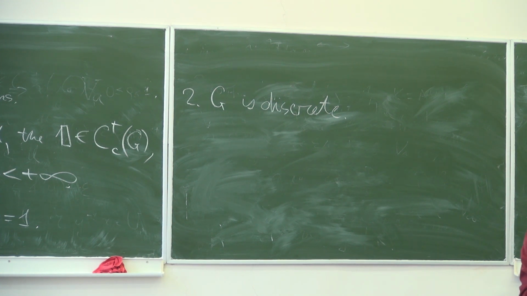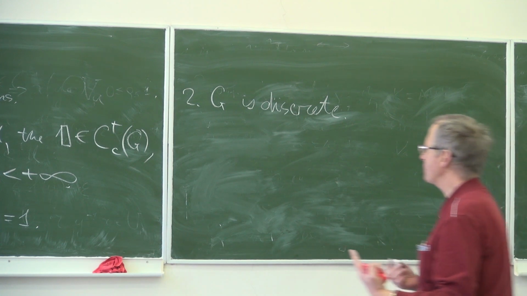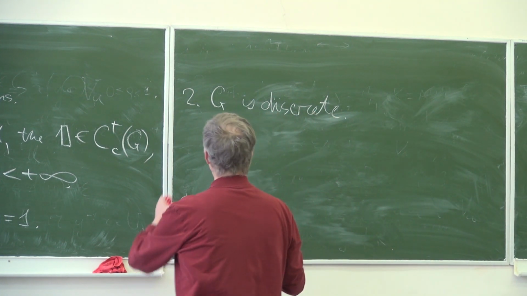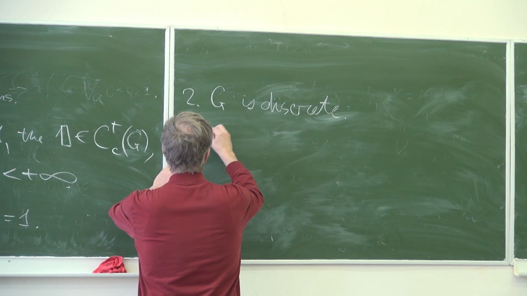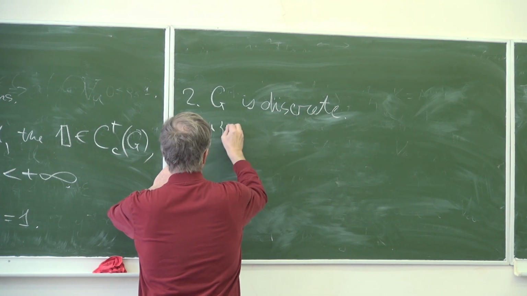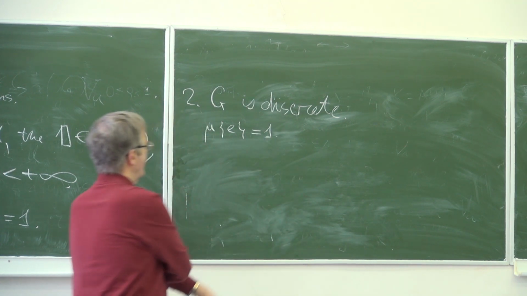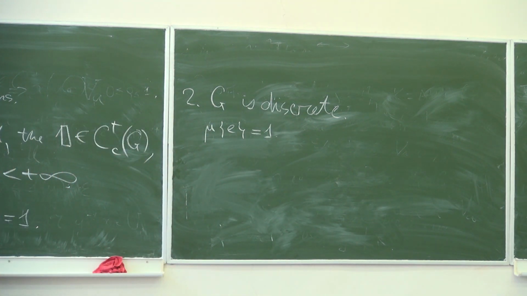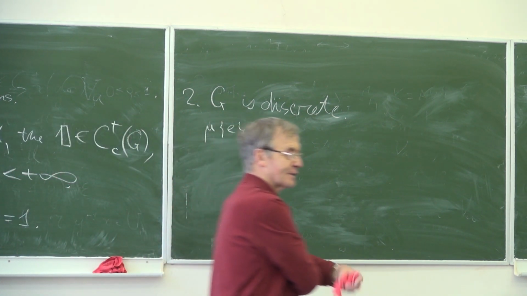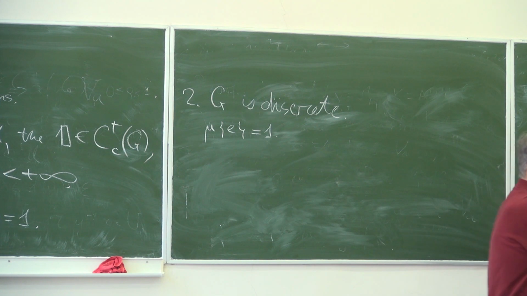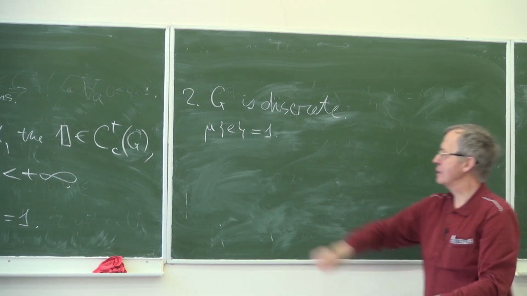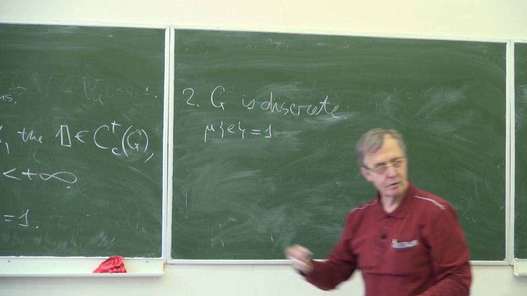So it cannot be made probabilistic, but the normalization is to put that mu of unity is equal to 1. Surely there is some contradiction where G is discrete and finite, but in that case, it's a matter of convenience what you choose. But normally for discrete groups, you normalize in this way, and for compact groups in that way.